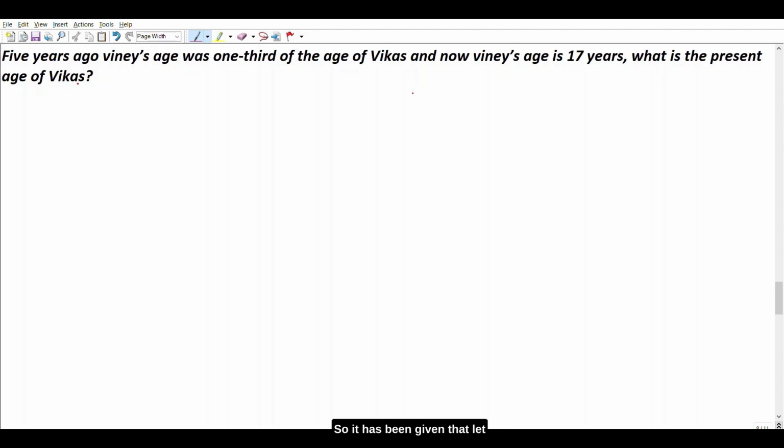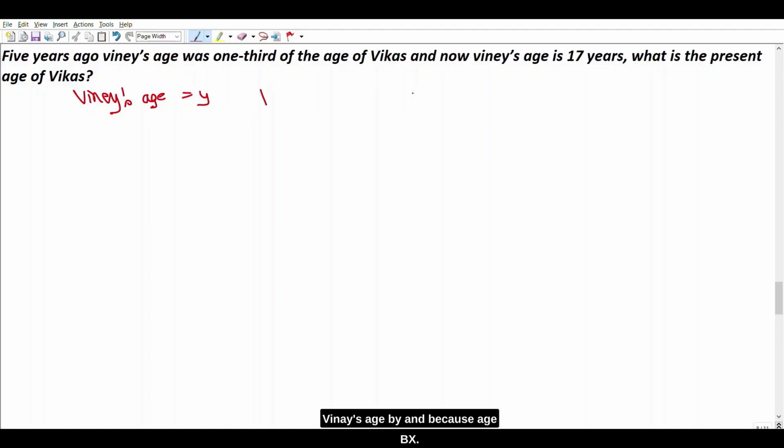So it has been given that let Vinay's age be y and Vikas' age be x.